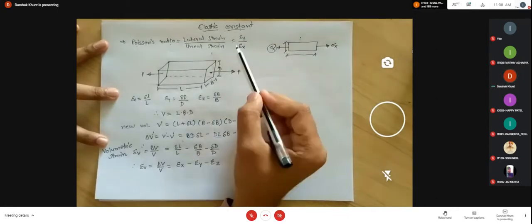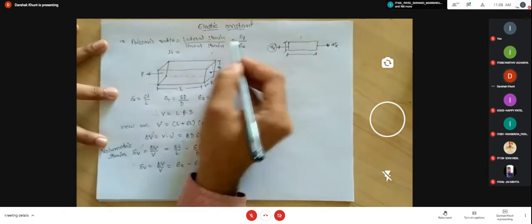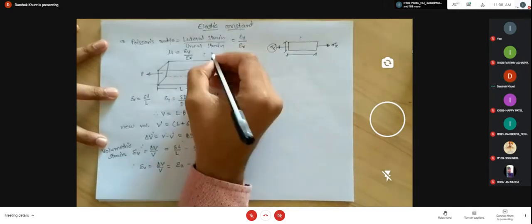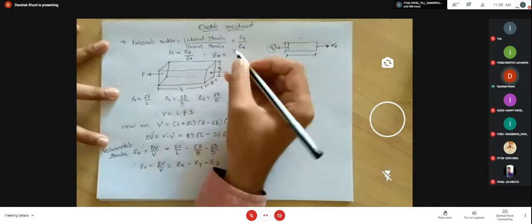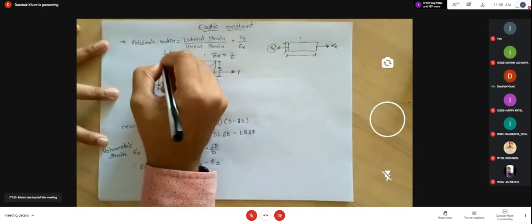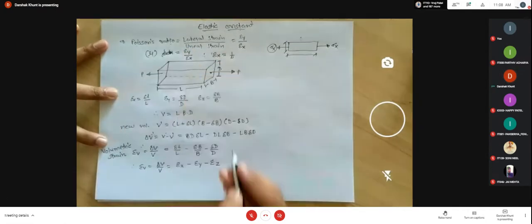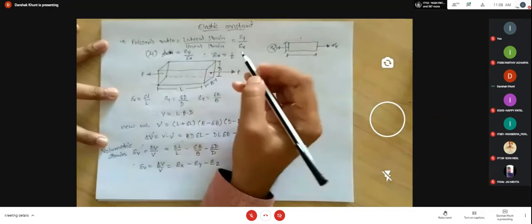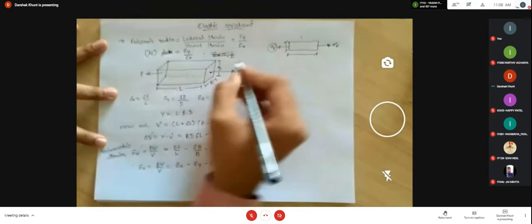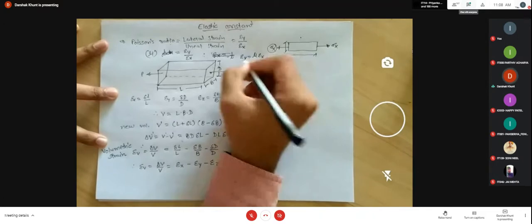Okay. But according to the Poisson ratio, which is defined by mu, as y by x, strain in y direction is mu into epsilon x.